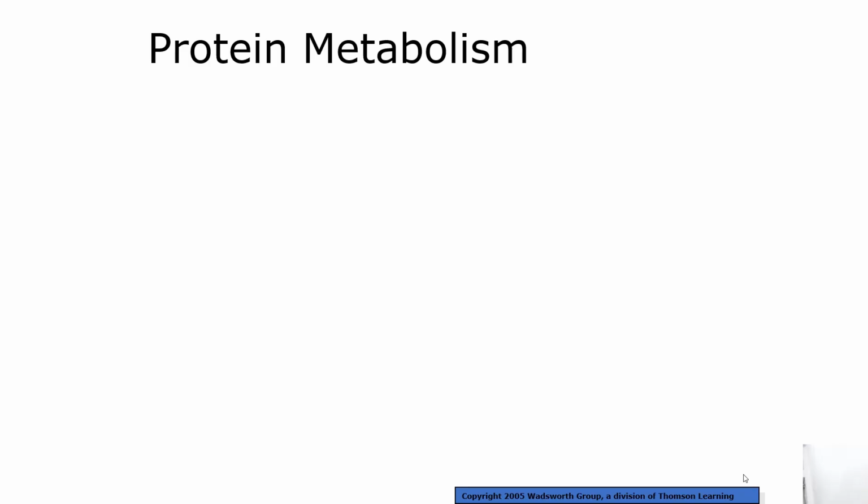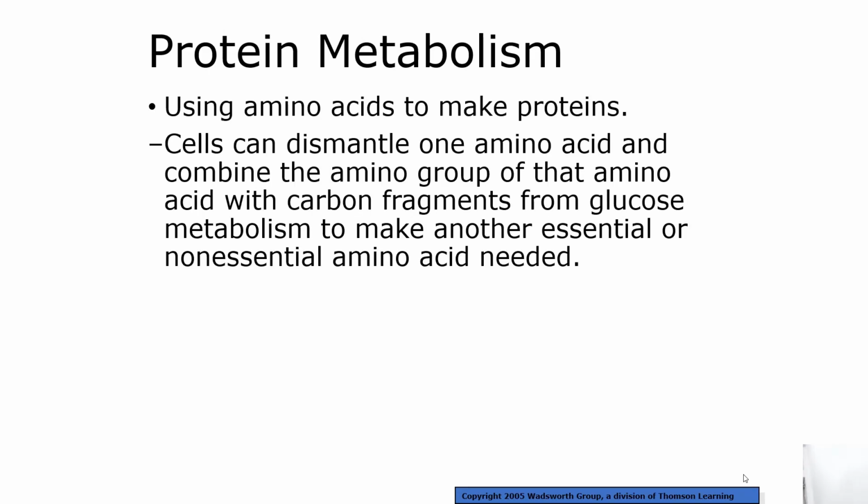Using amino acids to make proteins, cells can dismantle one amino acid and combine the amino group of that amino acid with carbon fragments from glucose metabolism to make another essential or non-essential amino acid needed.